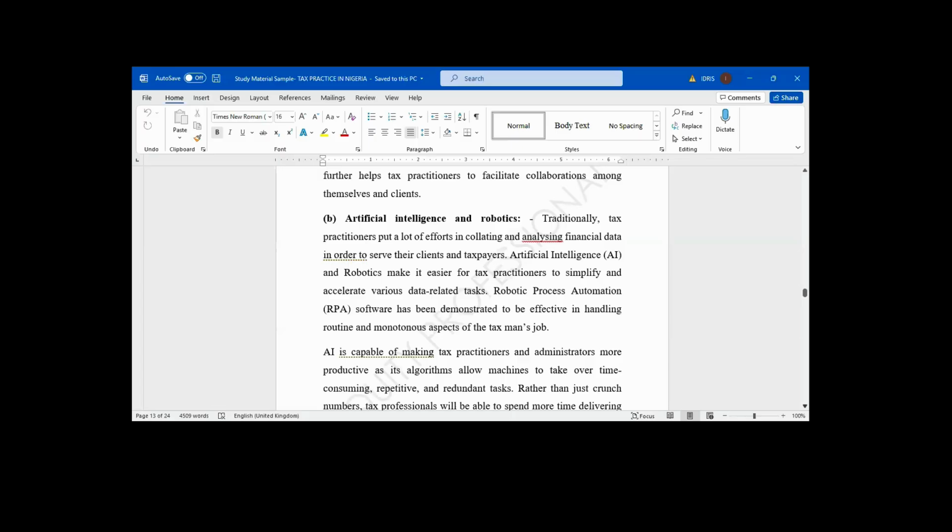Some of the simple questions that clients will be asking have been computerized through robotic process automation on the website of FRS. Once you log into the website, you will see a message: What do you want us to do for you? What do you want to make inquiry about?